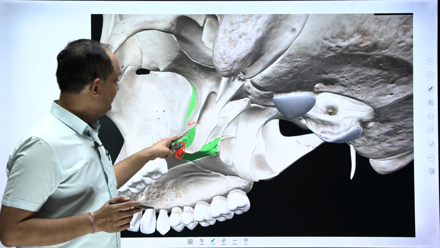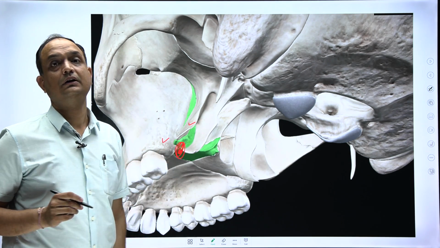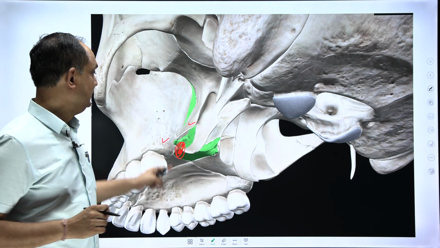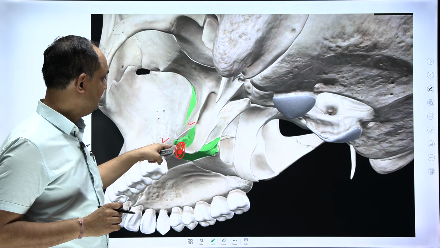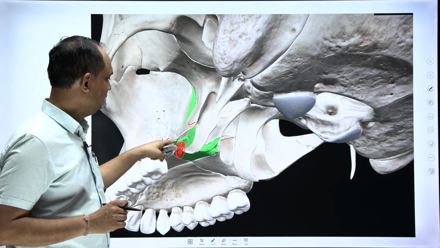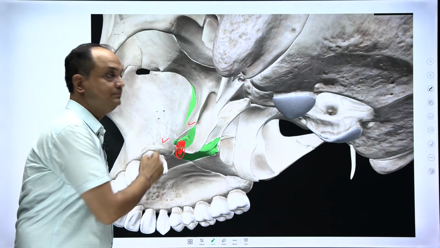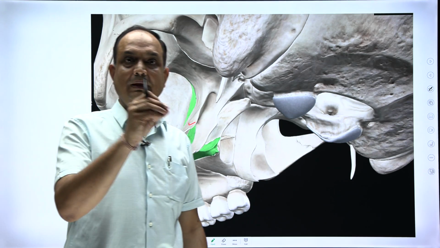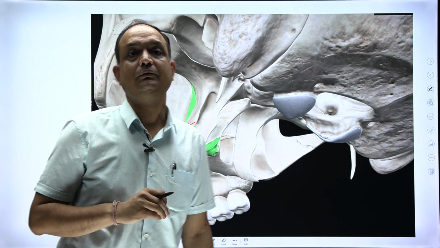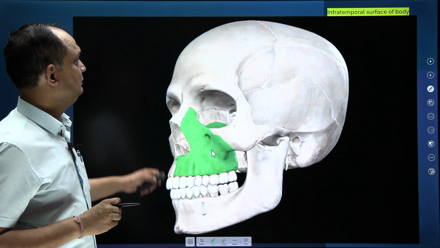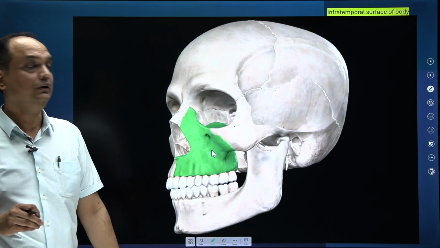That means between the lower end of the pterygoid processes and the posterior part of the maxilla, you have a small horizontal portion of the palatine bone, and its medial part is known as the pyramidal process. So this maxillary tuberosity articulates with the pyramidal process.